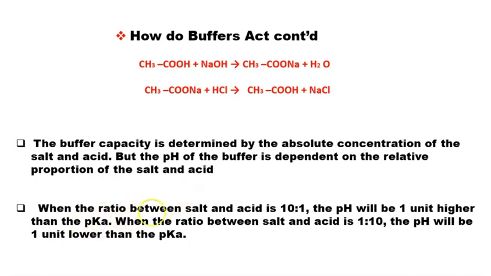In this case your pH will be 1 unit higher than what? Than pK. But when the ratio between salt and acid is 1:10, it means your salt is 1 and your acid is 10, the pH will be what? 1 unit lower than what? pKa. Okay, that's what we are talking about. So this ratio, we are looking at it in relation to what? pH.